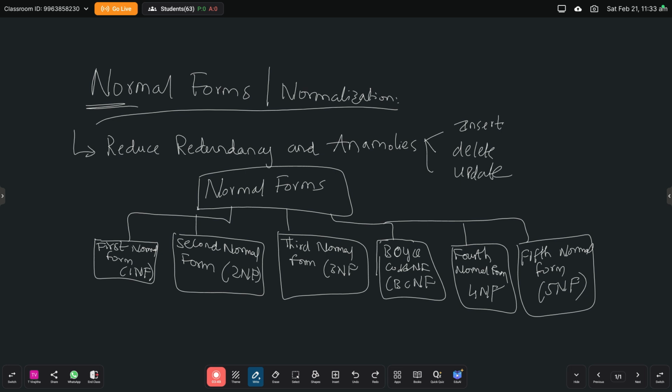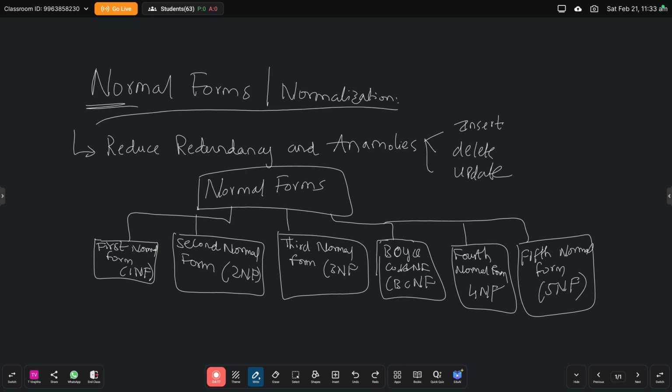After writing the classification, then describe whichever normal form is asked. Also, whether asked or not, you have to write the difference between all the normal forms. I will give you the tabular representation of all the normal forms. Whatever the question, you have to write the difference table also.